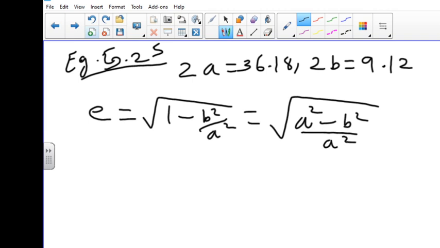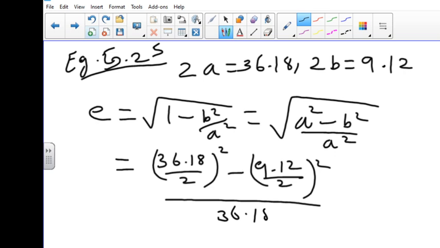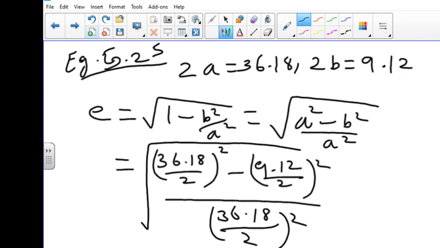So it is equal to, 2a is 36.18, so a is 36.18 by 2. The whole square minus b, which is 9.12 by 2, the whole square, by a square. So a square is (36.18 by 2) the whole square, and we have the whole root.